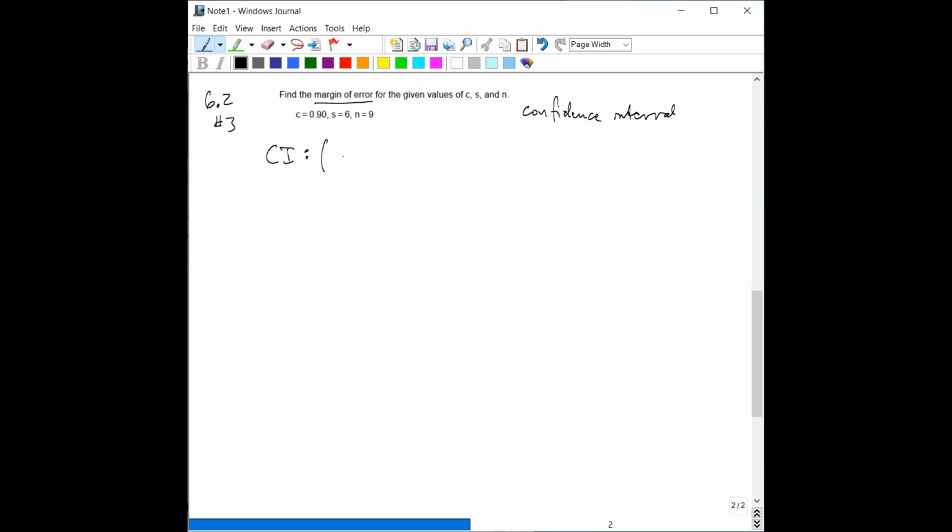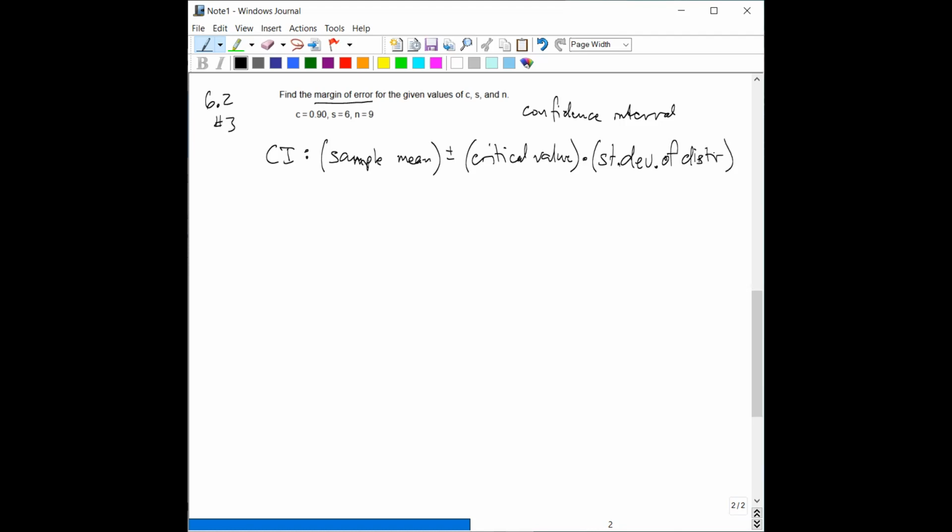It's always sample mean plus or minus critical value times the standard deviation of the distribution.